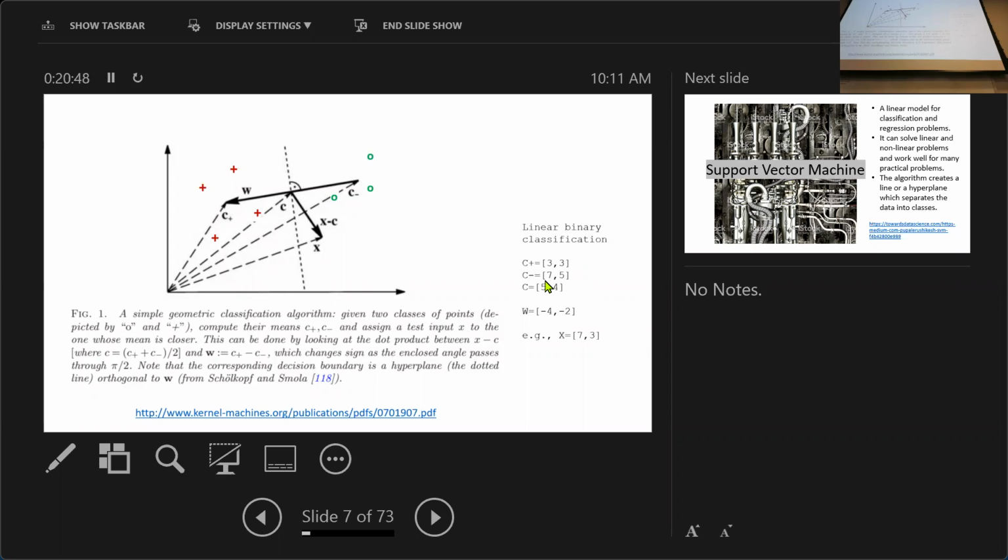W is the difference between C plus and C minus. Two vectors and the difference between them. Then you find the center of this W here. So this is C, where C is C plus plus C minus, divided by 2.